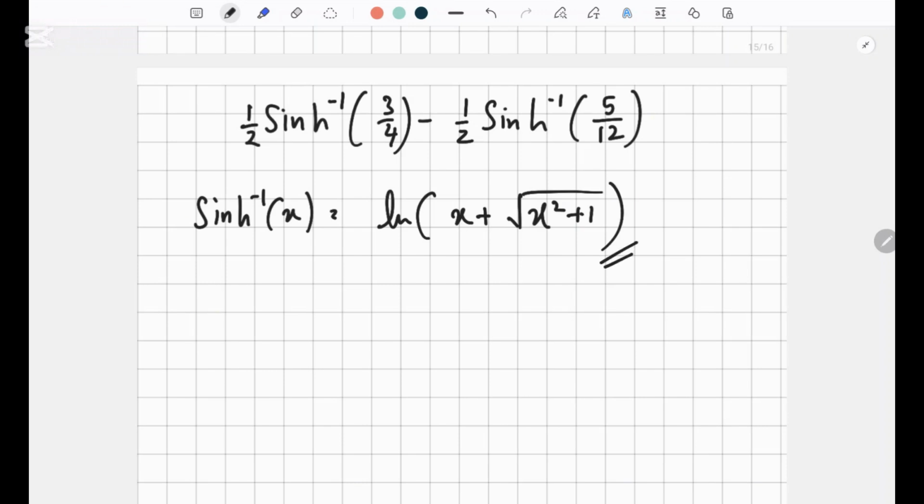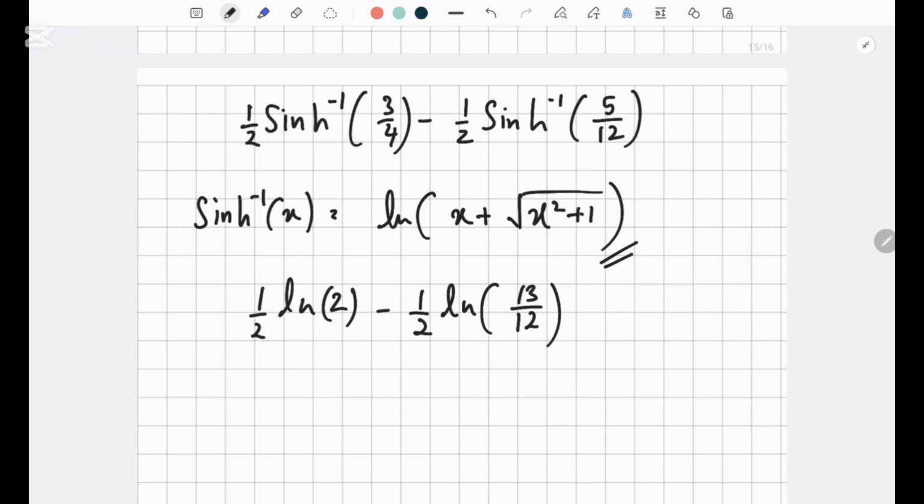This will also be there in your formula sheet, but you can remember this. Now let's sub in our values. I'm just putting them in the calculator, right? So your first part, half ln of sinh inverse 3 over 4, is ln 2. Minus half, and I'll put the other part in the calculator and see what I get. So that gives you ln 13 over 12.